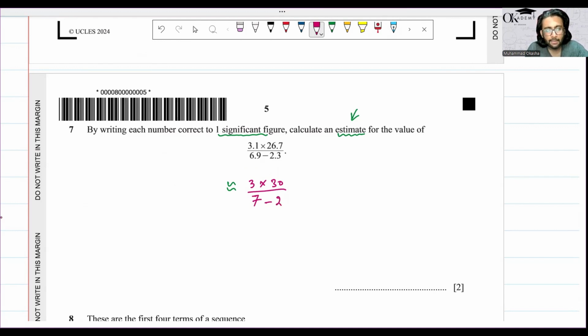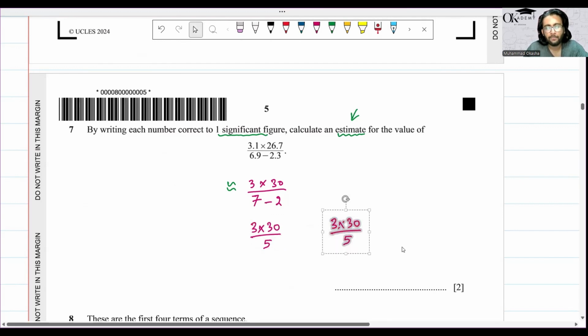Again, 3 times 30. I will not multiply right away, I'll keep it like this. 7 minus 2 is 5. Now I will do the cancellation, because I'm supposed to do the cancellation.